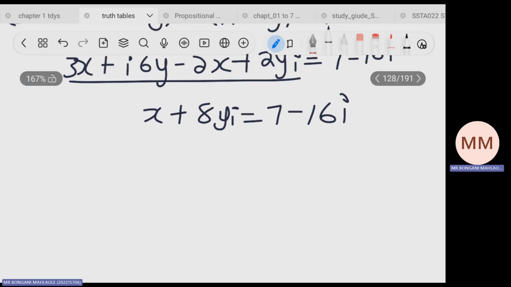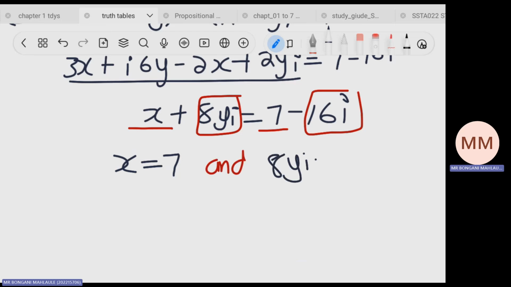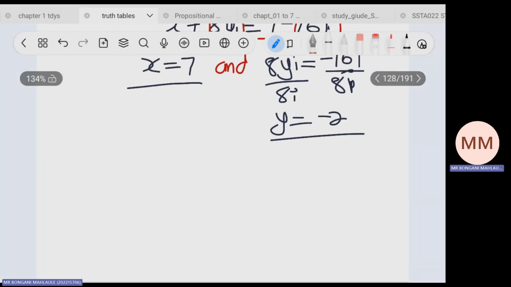So you'll just equate: x will be equal to 7. You equate the real part with the real part and the imaginary part with the imaginary part. So you'll have 8yi is equal to negative 16i. Then you divide by 8i over 8i. Then y will be equivalent to negative 2. So you have your x and y.